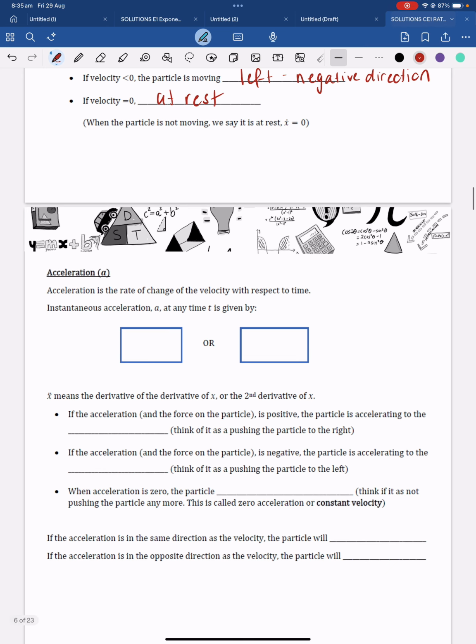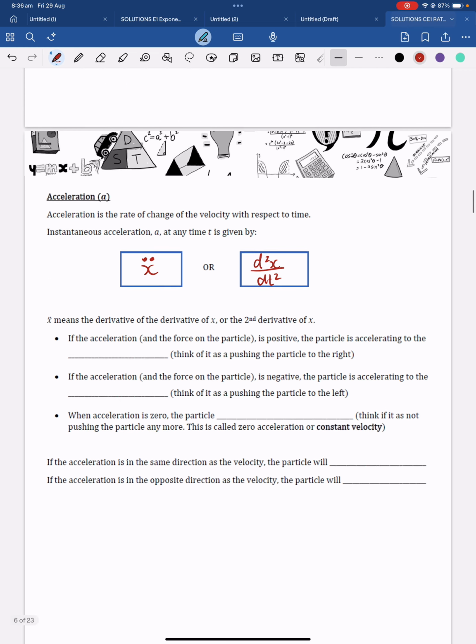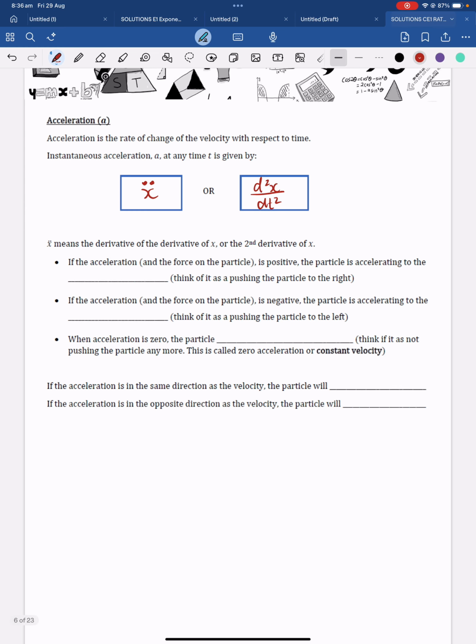All right, acceleration. So this is where we could say it's x double dot, or technically if I write it the long way, d squared x over dt squared, the second derivative of displacement. If the acceleration is positive, think of it pushing the particle to the right.